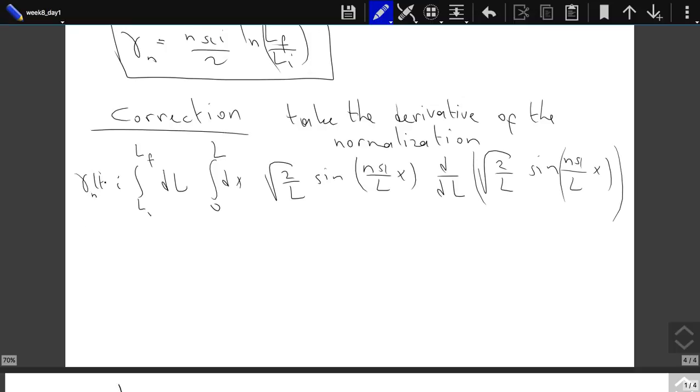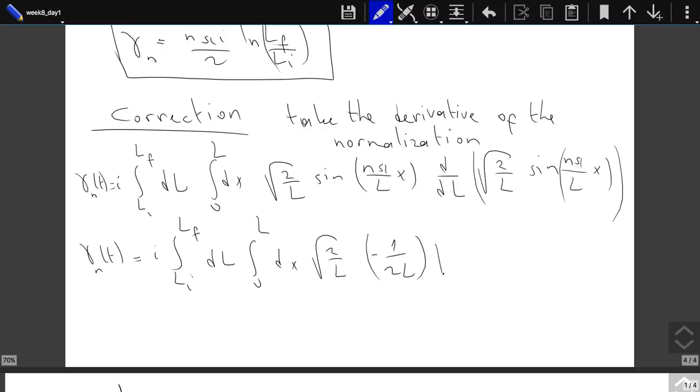So this is equal to the integral from L initial to L final dL, from 0 to L dx, square root of 2 over L. Now let me just take the derivative of the normalization. That will bring me a minus 1 over 2L times square root of 2 over L sine n pi over L x, plus the previous term. This is the additional piece we have.